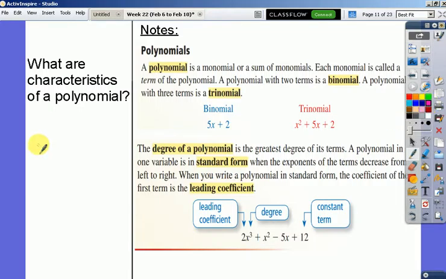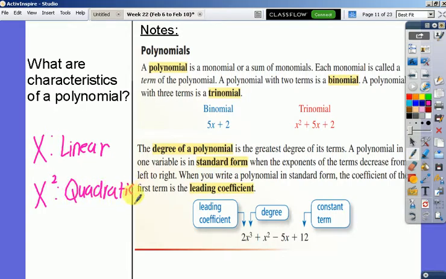So we describe x, like x to the first, like 3x plus 2, 2x plus 5, 1/2 x plus 1. We say that's a linear function. Anything with x squared in it as the leading coefficient, meaning the highest exponent, we also call that quadratic.